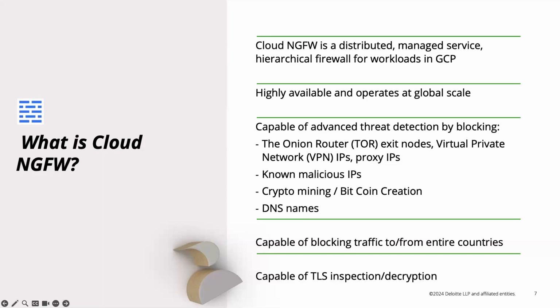So distributed, that there's no actual appliance, but it lives in software and gets applied to each NIC in the VPC. Hierarchical, meaning I can apply different policies at different levels in my organization and have them inherited or not inherited at certain levels. So I can apply it to certain teams, apply different policies to yet other teams.